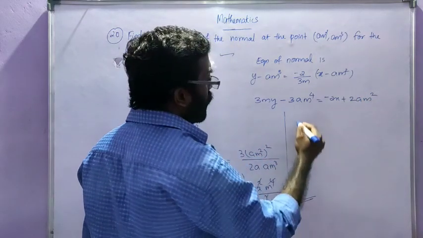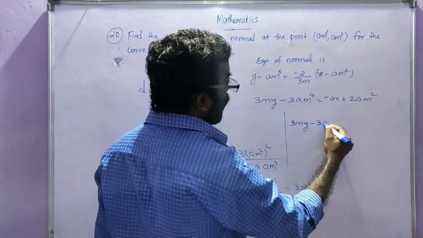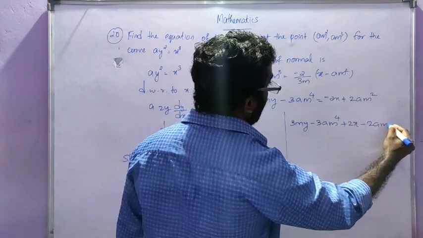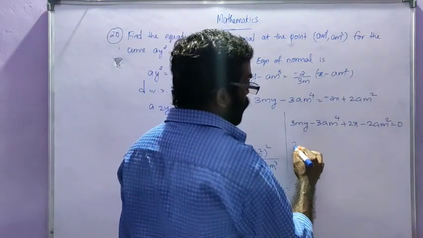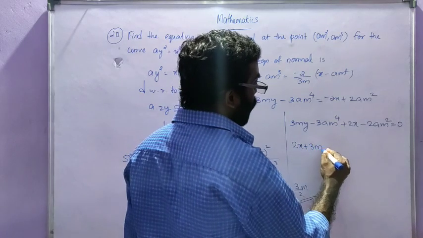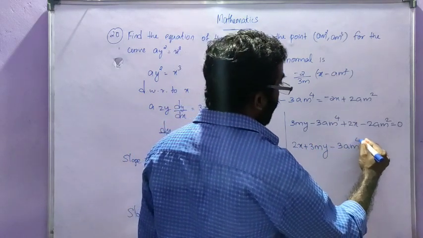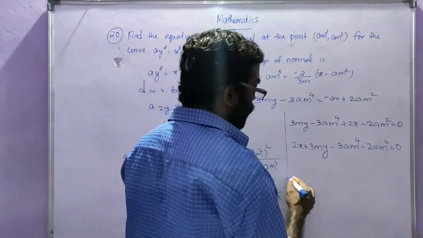Now we can rearrange the terms. 3my minus 3am raised to 4 plus 2x minus 2am square is equal to 0, and we can rearrange 2x plus 3my, then minus 3am raised to 4 minus 2am square is equal to 0.